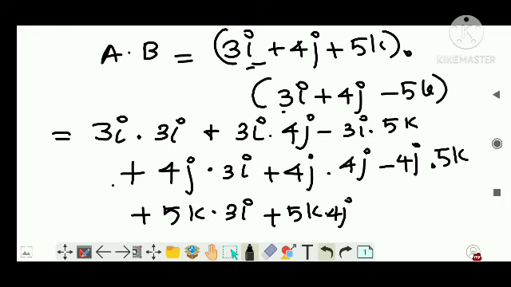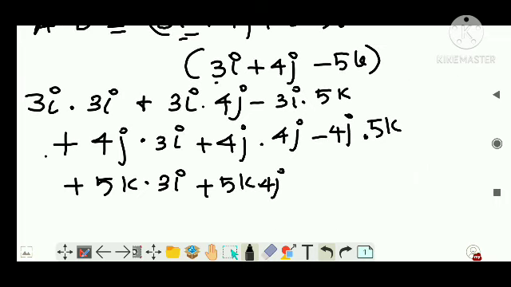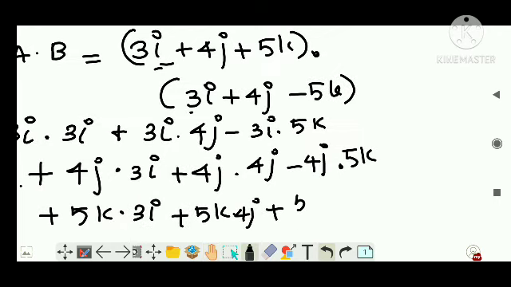I'm just multiplying each and every term, guys. Plus 5k, there is a minus, 5k dot 5k.